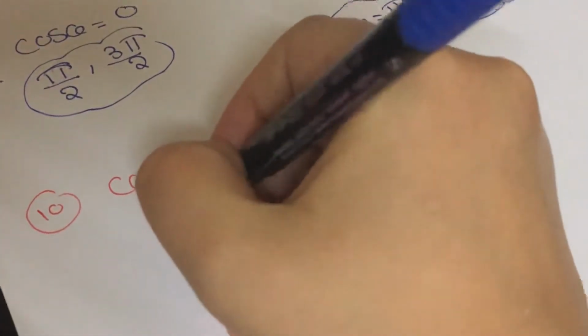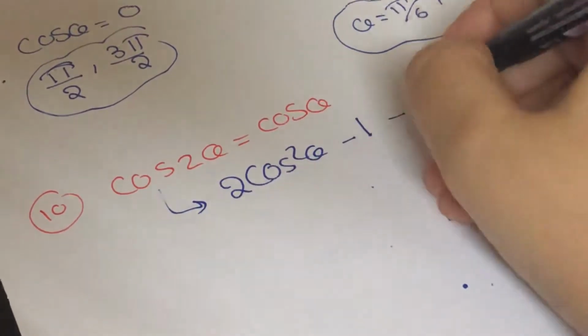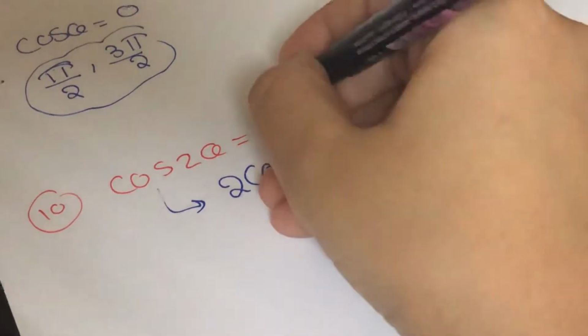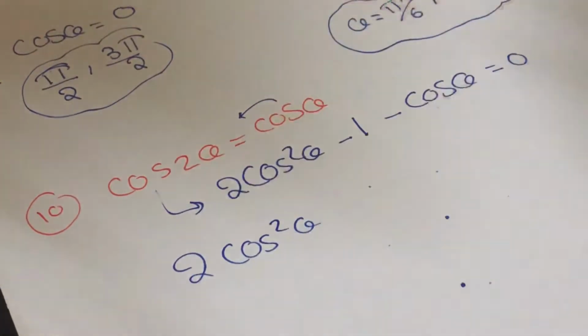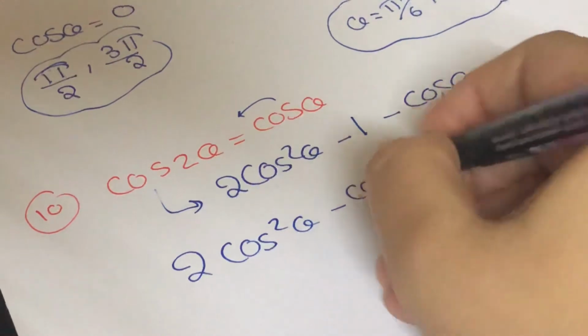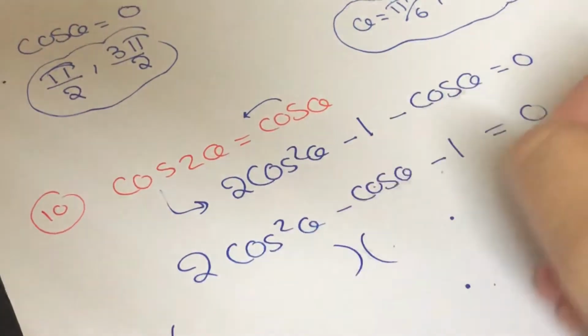So I'm going to remove this and write 2 cosine squared theta minus 1 minus cosine theta equals 0. I think I am seeing a factoring over here. Minus cosine theta minus 1 is equal to 0. I can start 2 brackets.